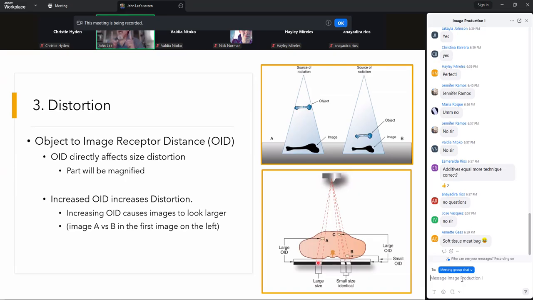So here we have two objects that are the same size within the anatomy, but because of the OID, one looks larger than the other. Then if we look at C, which is smaller physically than B, but because of that OID and its placement in the anatomy, it looks to be the same size as B. That's how OID is going to affect size distortion.